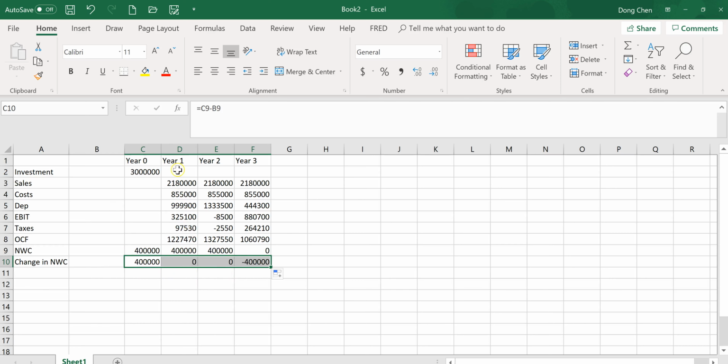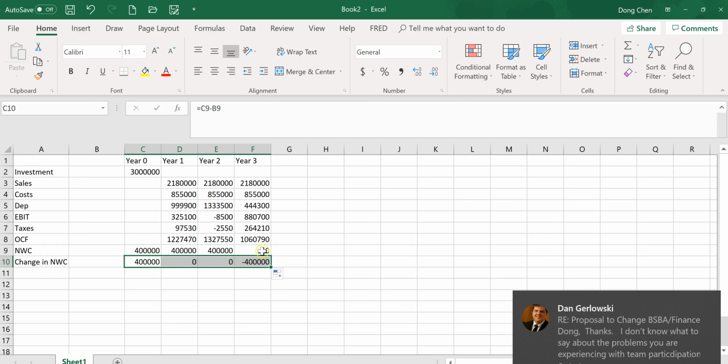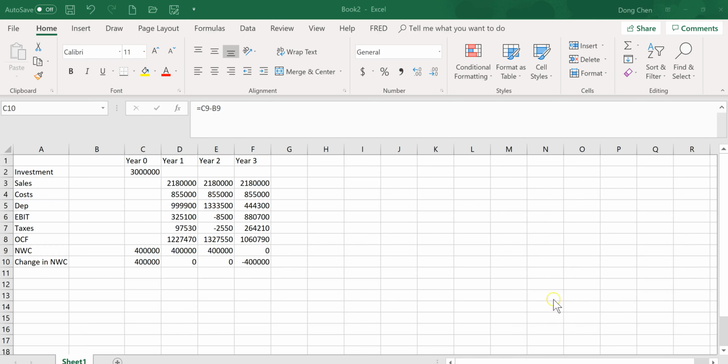Because year 1's change in net working capital is going to be this 400,000 minus year 0's. So that's going to be 0. And for year 2, also 0. And for year 3, since the net working capital will be fully returned, going back to 0, the change will be a negative amount. And the absolute value of this will be the same as year 0's. So that's the change in net working capital.